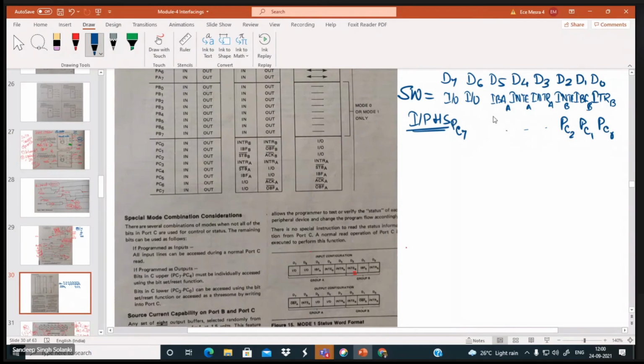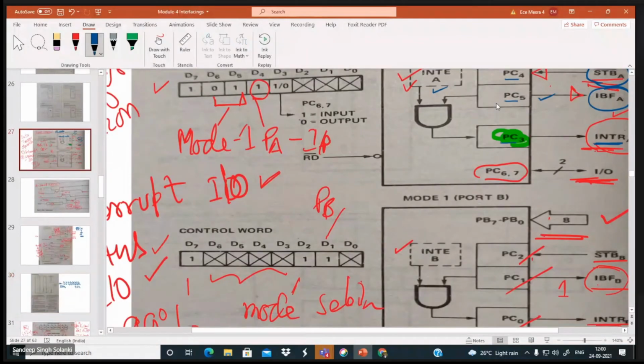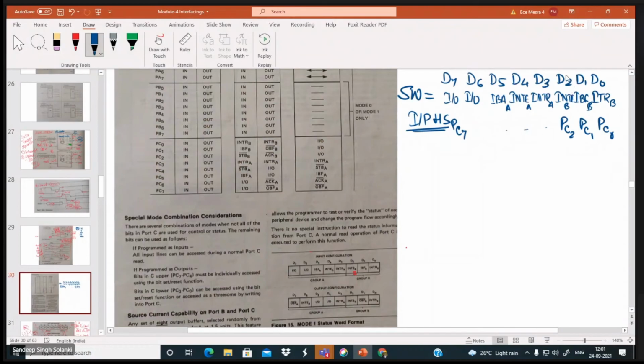Prajwal, are you getting it now? Now you just verify where is the IBFB in your diagram. PC1. Where is the INTR? PC0. And where is the STB? PC2. But in the status word, your STB is nothing but INTE, that is PC2.